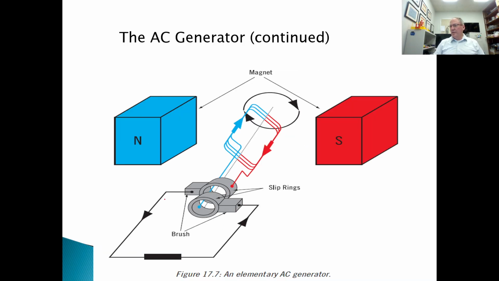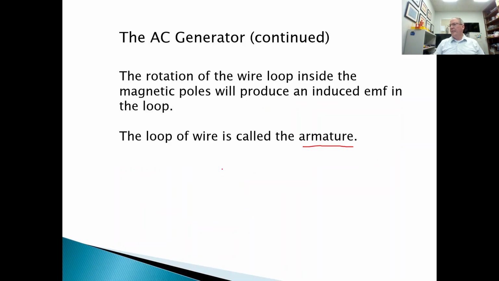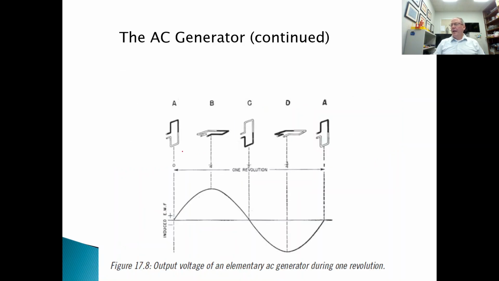So this loop here is the armature. All right. And as it rotates, the angle is going to change, and one complete revolution will give us one complete sine wave. So that's the elementary AC generator.